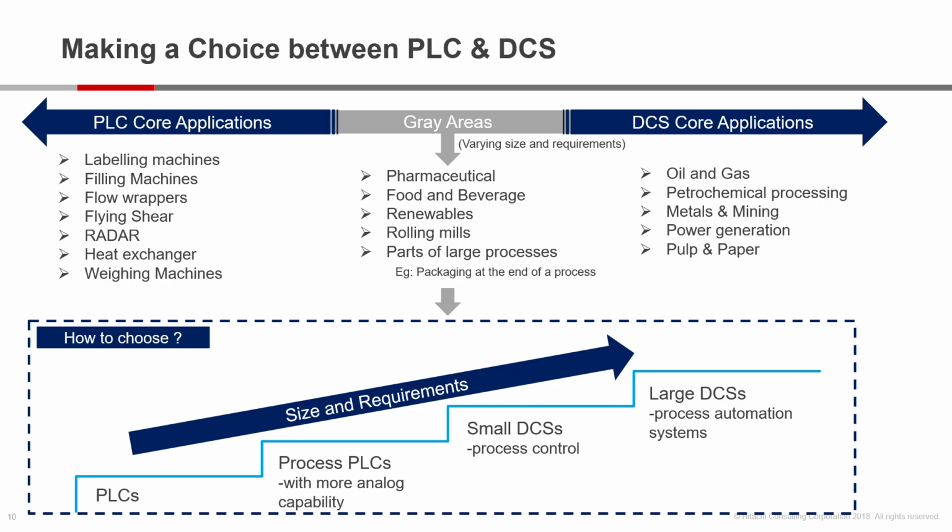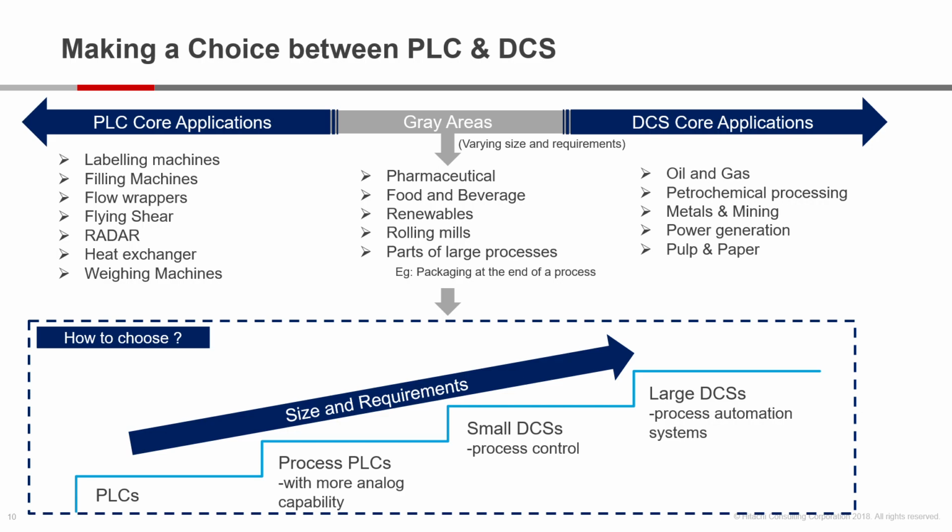So what has happened over a period of time is PLC manufacturers are trying to incorporate more and more features to be able to come closer to what a DCS is. They are also improving the size, memory and RAM of their PLCs so that they can incorporate more and more requirements. Now DCS, when it came, was quite expensive.